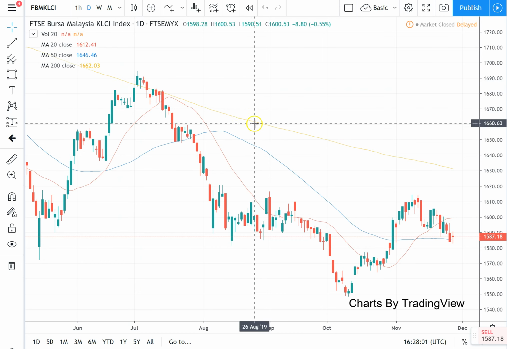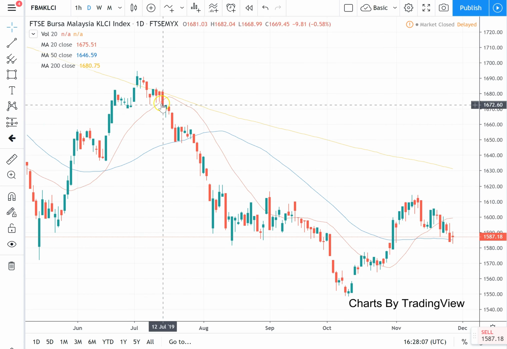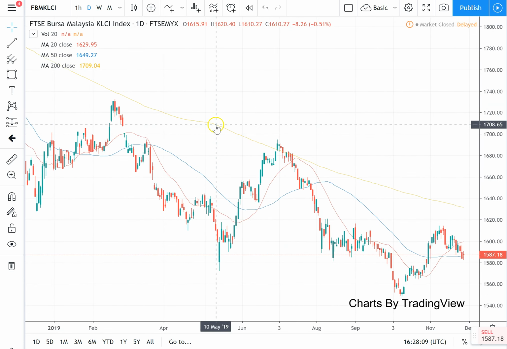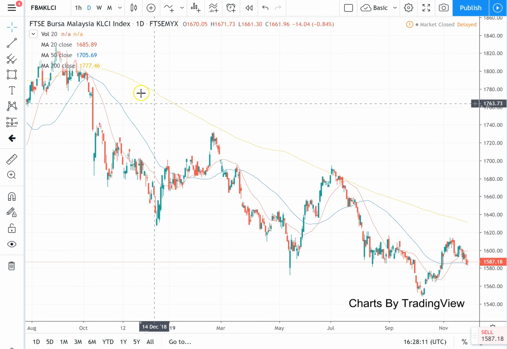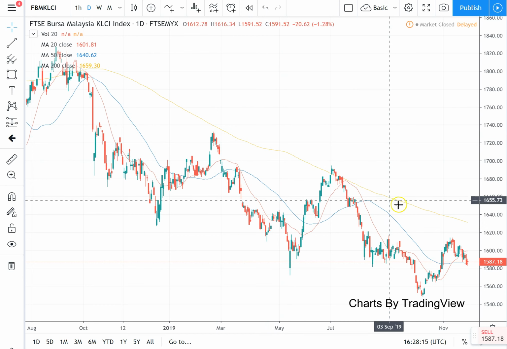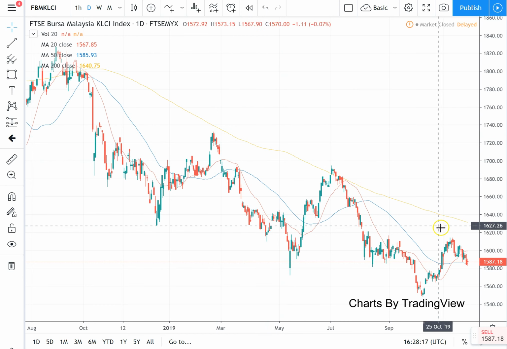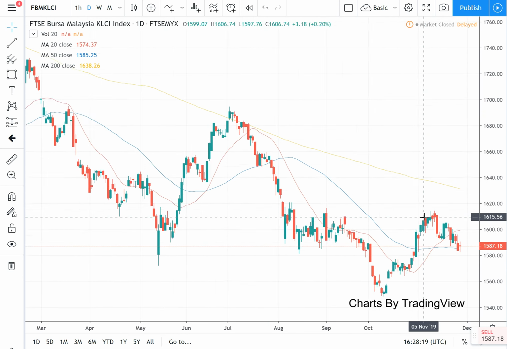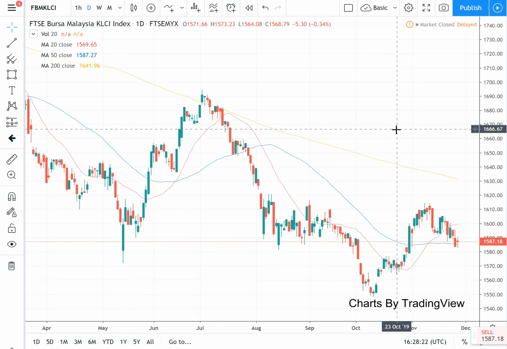This yellow line here is the 200-day period moving average, and as you can see, it has acted as resistance. If we scroll out, we can see that the 200-day moving average has been sloping downwards for quite a long time, which means that the KLCI is in bearish territory and in a downtrend.